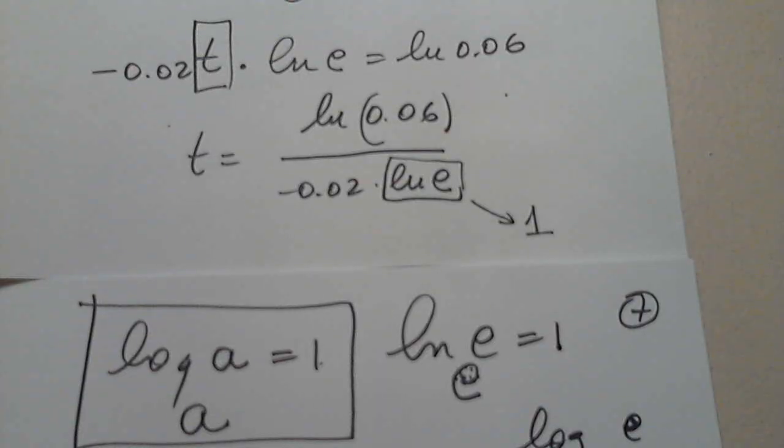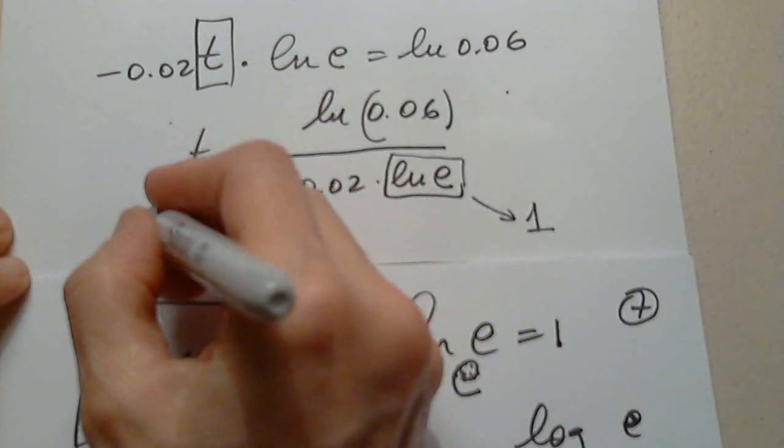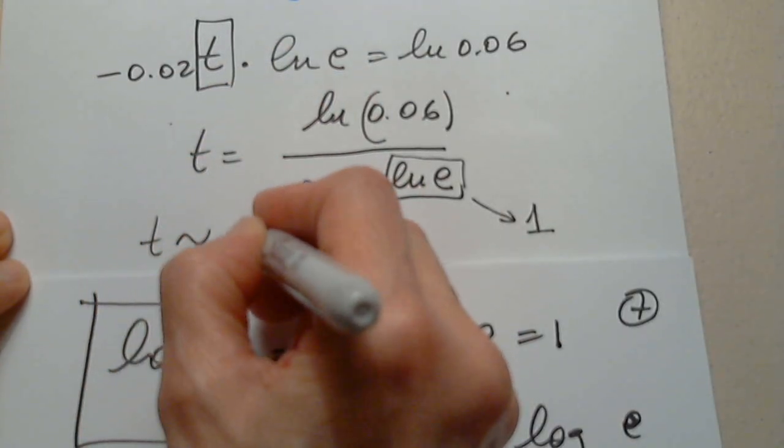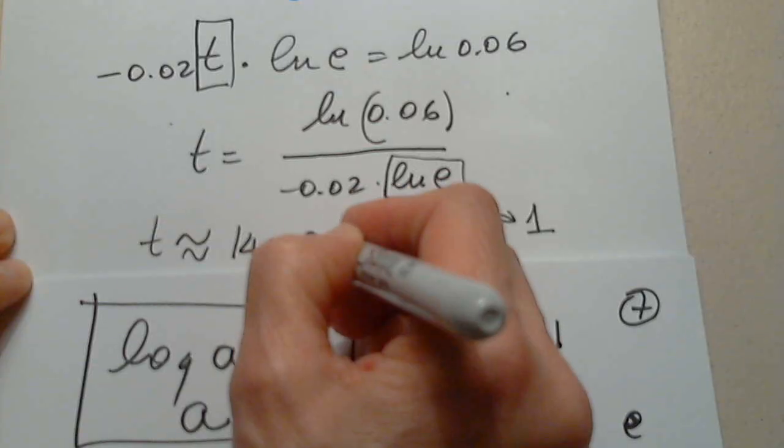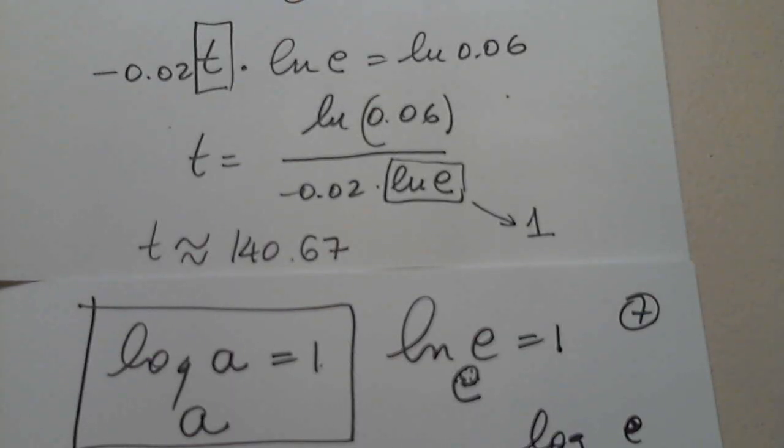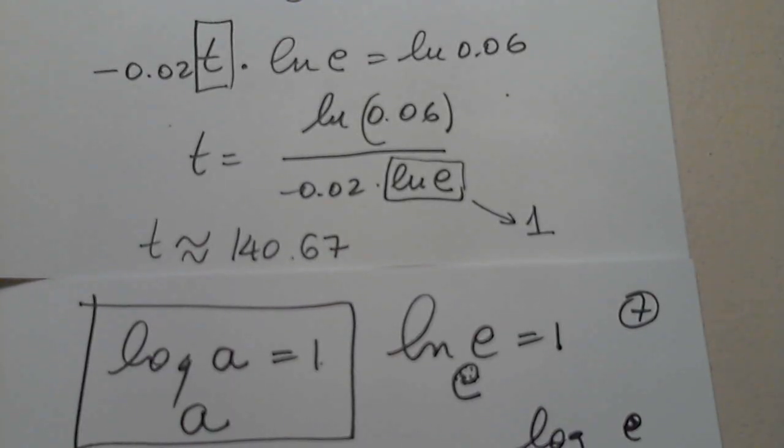There is no point in putting natural log e in there because it's 1, because of the property. And this is it. So assuming they want us to round to 2 decimal digits, I will say t is approximately 140.67.